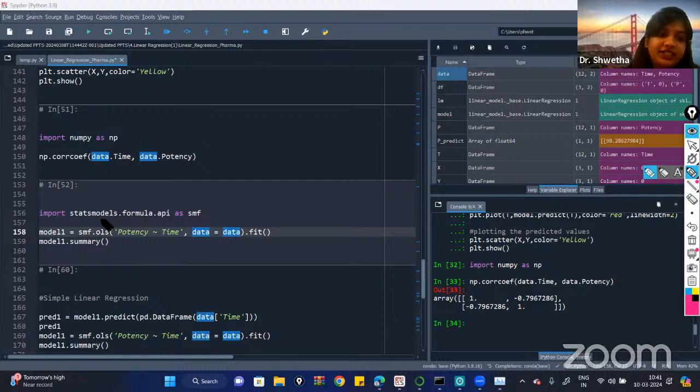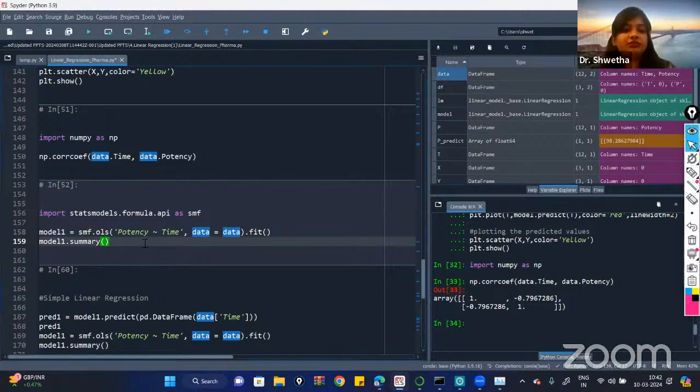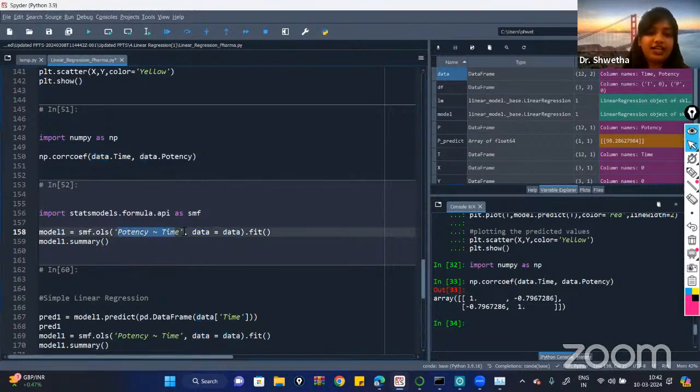But this time we are using statsmodels.formula.api. We're taking this library and the OLS technique, that is the ordinary least squares technique, to find the regression. The same potency and time are the two columns we are considering and fitting the data.